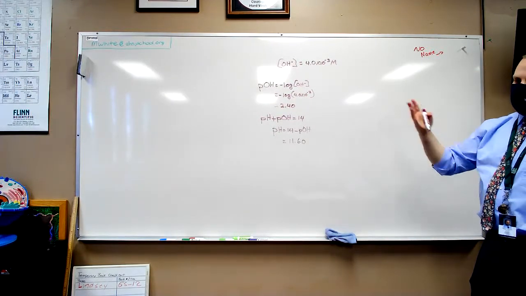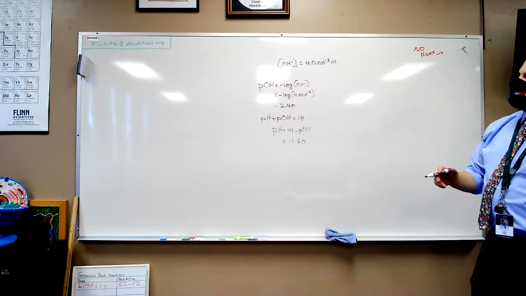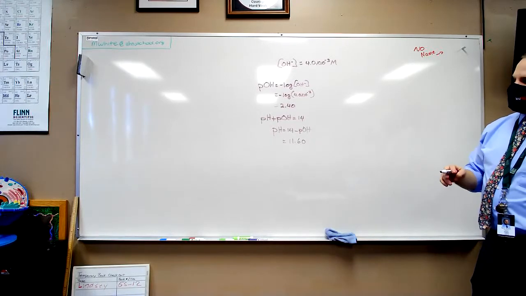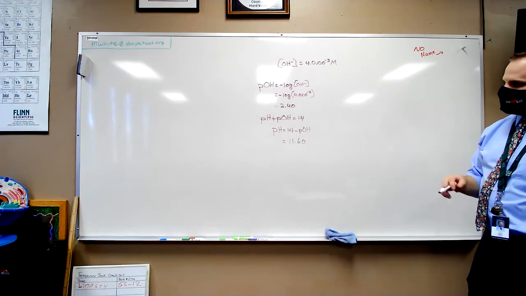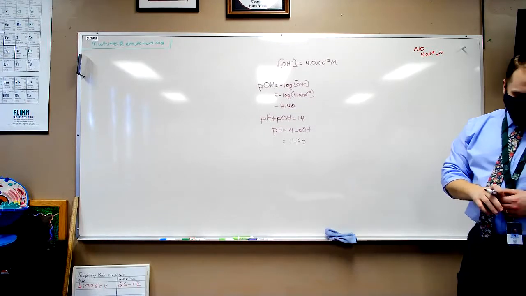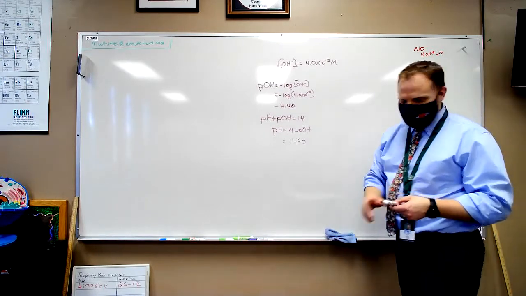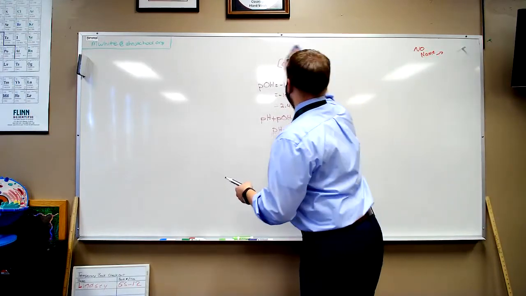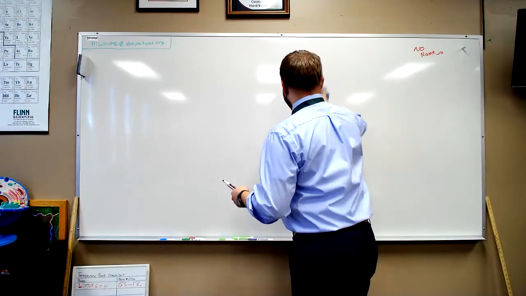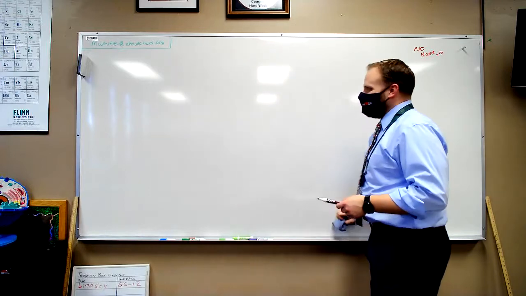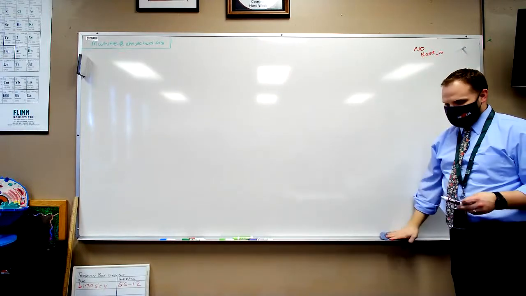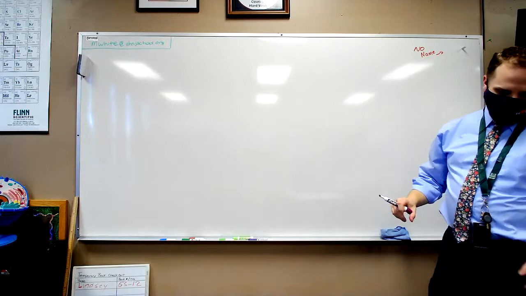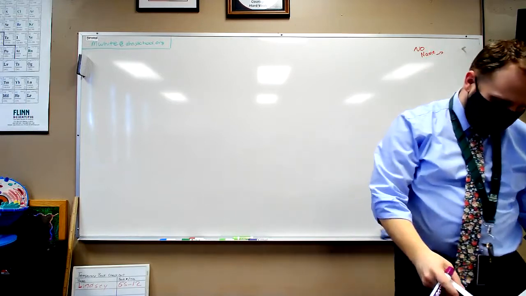It's more work in my mind, but it will get you the same answer. So anyway, now we want to go the other direction. Sometimes we're given a pH and need to calculate the concentrations. So this is example problem 4.